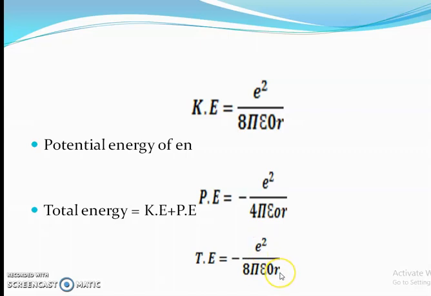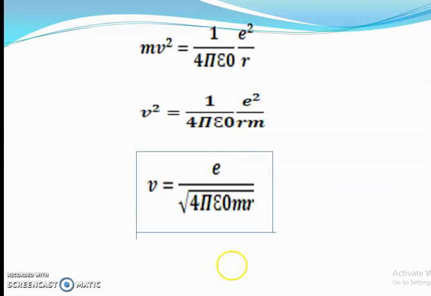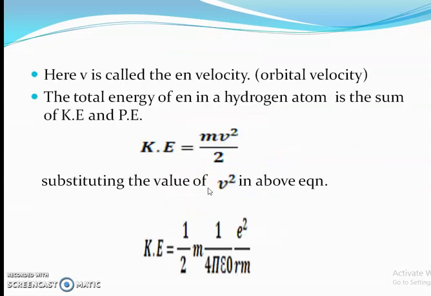So you can get the value of the orbital radius from this equation. After that you have to find the velocity using the velocity equation. You have the radius and the constant value of the mass of the electron. Substitute in this equation and you will get the electron velocity. So do it as an assignment.